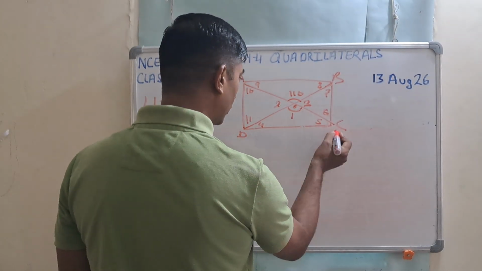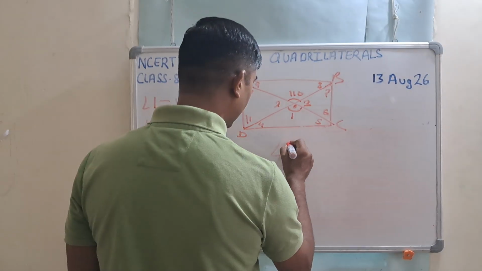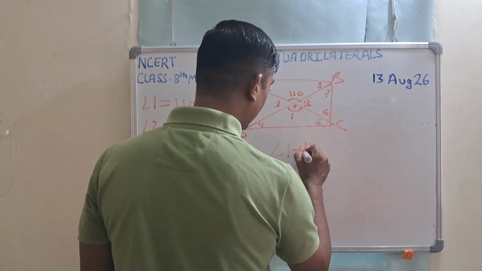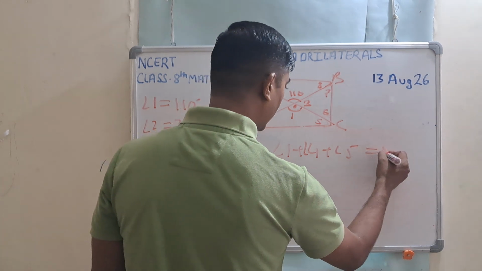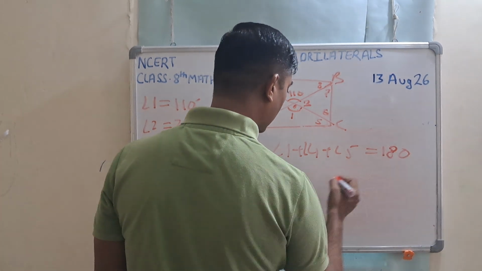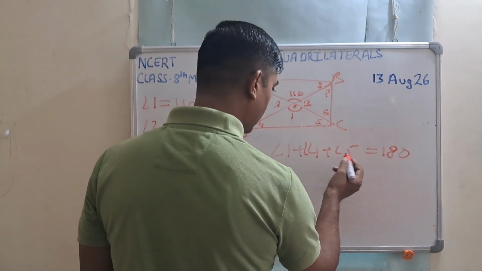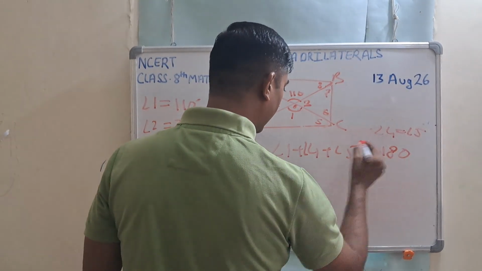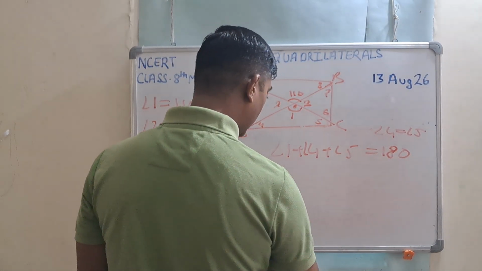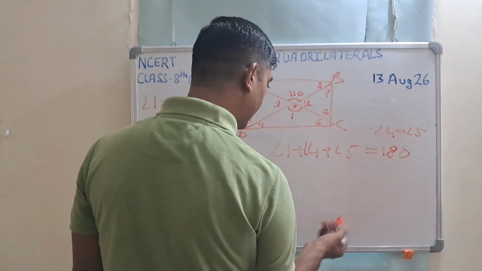In triangle DOC, angle 1 plus angle 4 plus angle 5 is equal to 180 degrees, and angle 4 is equal to angle 5, and angle 1 is equal to 110.